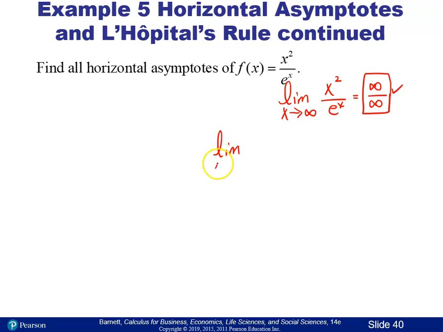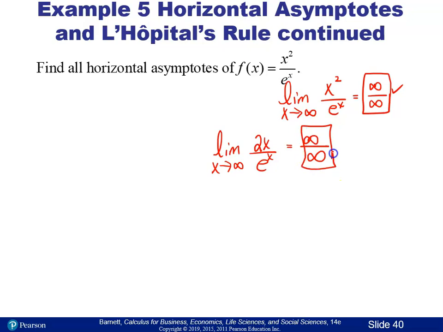So I'm going to take the limit as x goes to infinity of the derivative here, which would be 2x. The derivative here would be e to the x. 2 times infinity is still infinity, and e to the x is going to be another infinity.